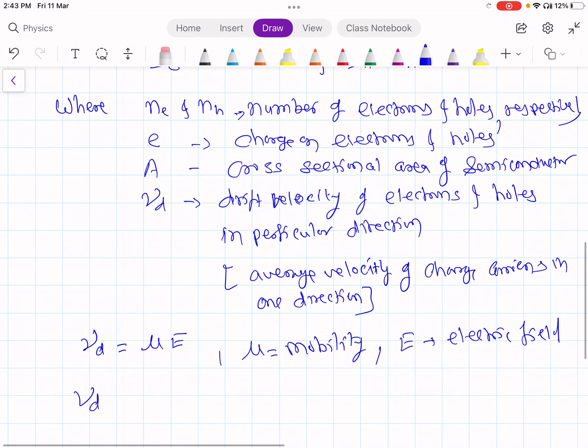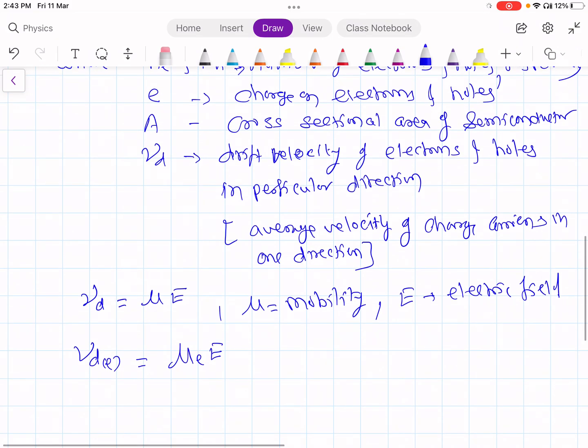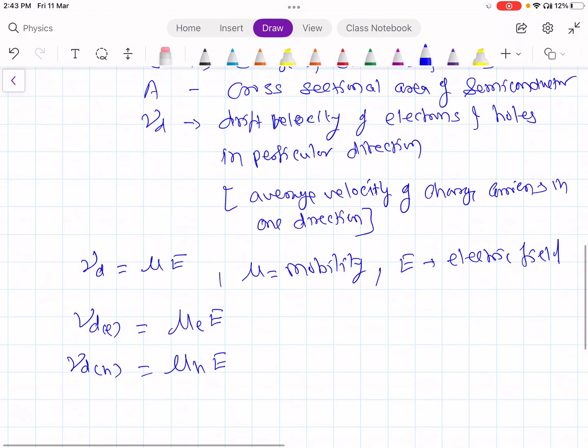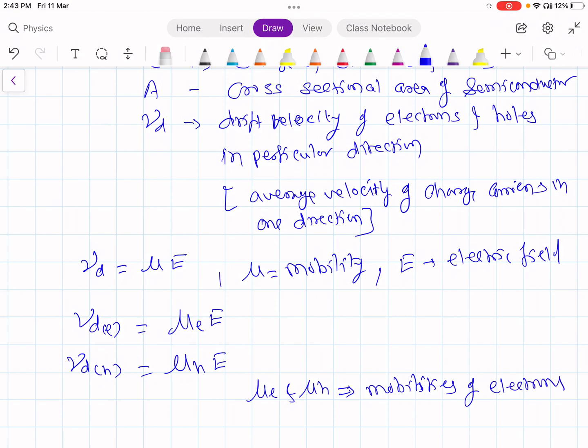So Vd for electrons is equal to mu e into E, and Vd for holes is equal to mu h into E. Here mu e and mu h are the mobilities of electrons and holes respectively.